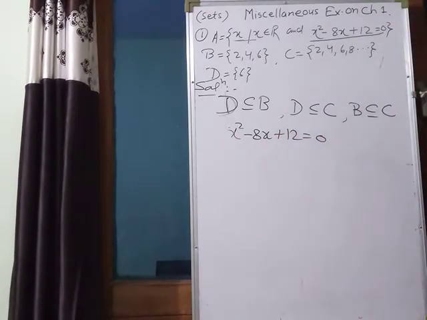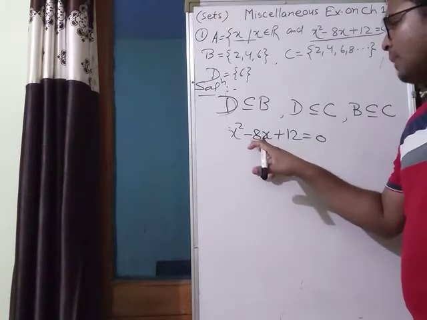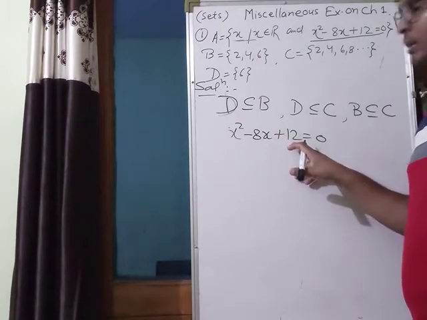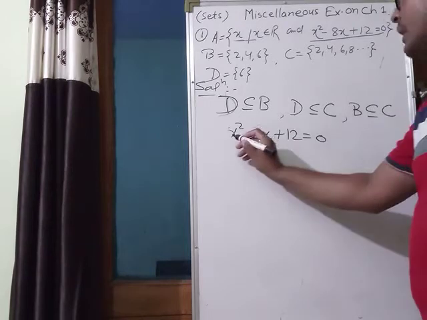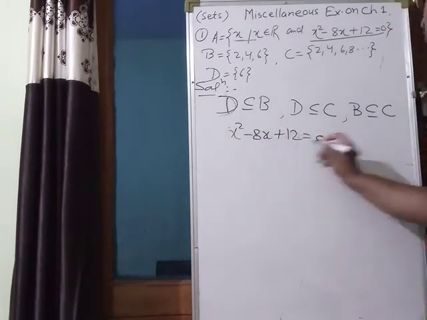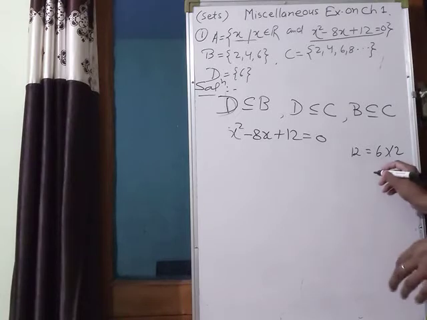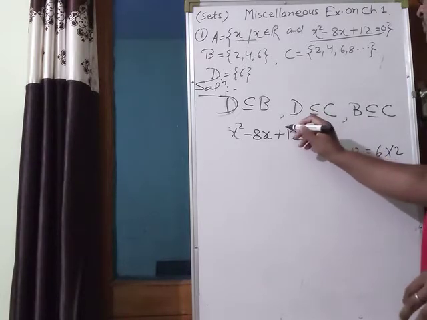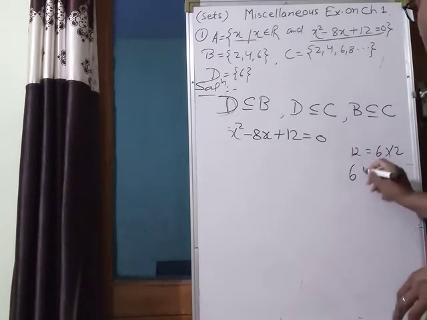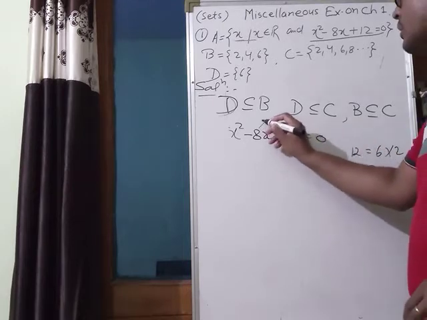By splitting the middle term we can find its solution. The middle term is minus 8 and the constant is plus 12, and the x square coefficient is 1. So 1 into 12 is 12. 12 can be factorized as 6 into 2, and 6 plus 2 is equal to 8.